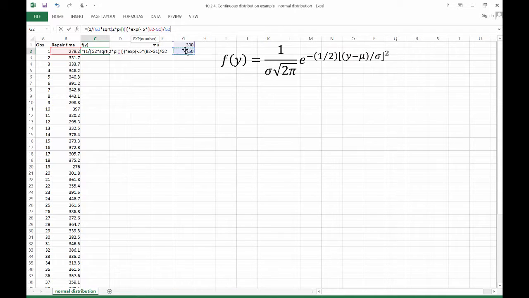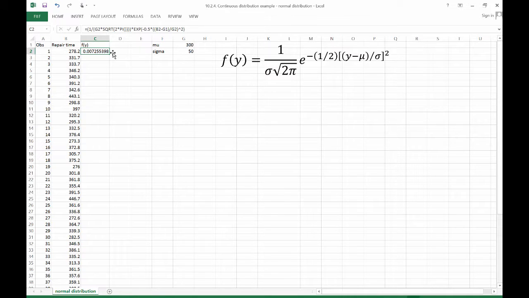And we need to square the y minus mu divided by sigma, and close out the exponent. So this is our initial guess as to what the PDF would be evaluated at 278.2, assuming that mu is 300 and sigma is 50.